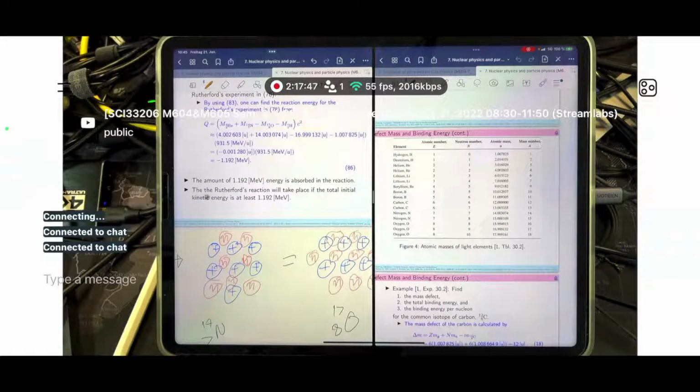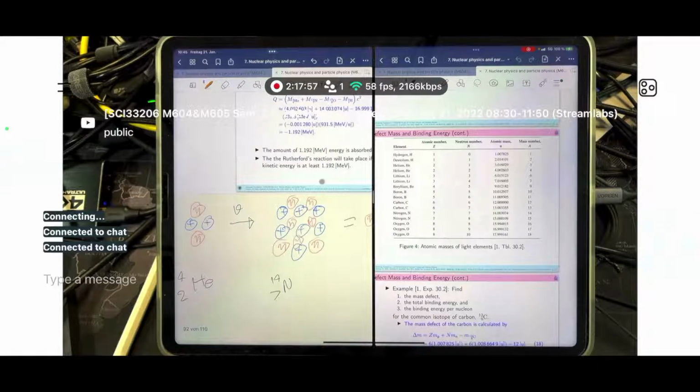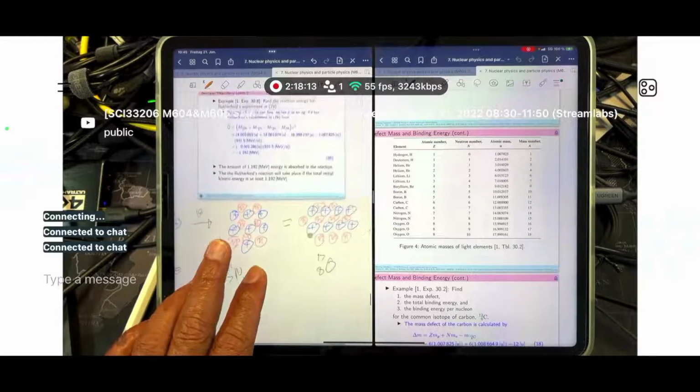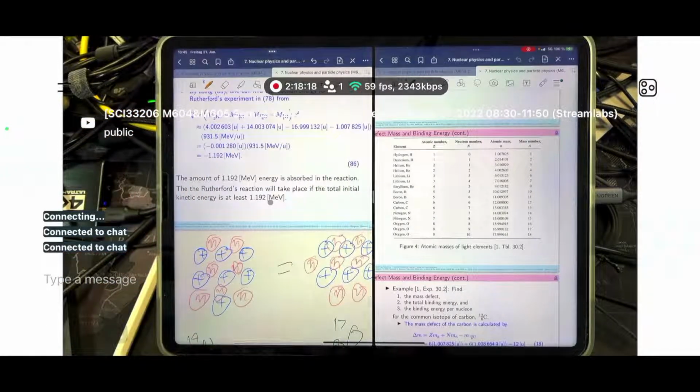Then the Rutherford reaction will take place if the total initial kinetic energy is at least this amount, or you need to accelerate the alpha particle with at least this amount of energy. If you accelerate the alpha particle with less energy than this value, this process will not take place, will not occur at all, because we need at least 1.192 from the Emc² formula.